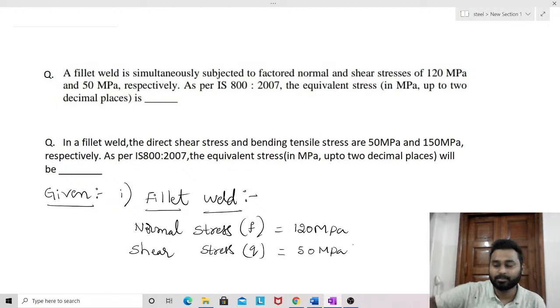Very important. And one more thing, in this IS 800:2007 the limit state method is mentioned. So as per that code, he is asking us to find the equivalent stress.